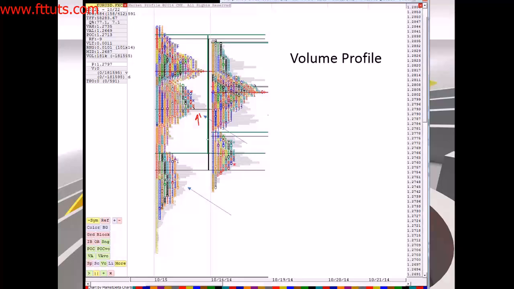But notice there's a lot of volume down here relative to what we had here, even though there are only 3 different TPOs or periods, meaning somebody was throwing a lot of volume at it. A major player was aggressive and buying very actively everything that the seller had to sell at these levels. And this is why you see these big volume bars and yet very little activity.